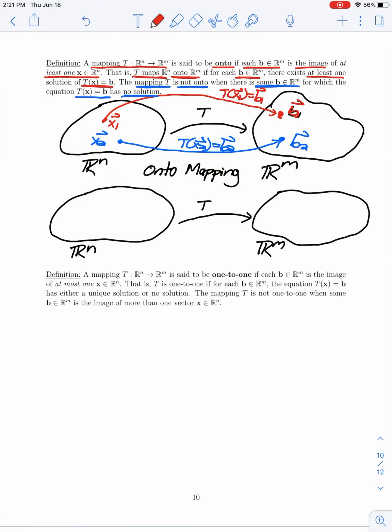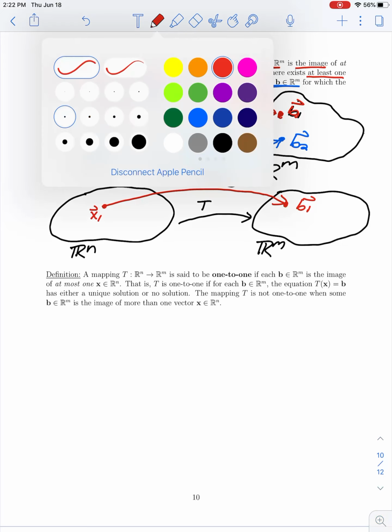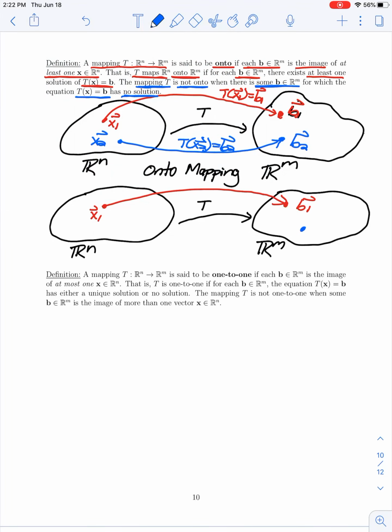Well, for some vectors, let's say b1 in Rm, there are solutions of the equation T of x is equal to that vector. So some vectors I will hit in the codomain, but let's say that I have this for two such vectors, so the image of x1 is b1, the image of x2 is b2, but let's say that I have some vector, maybe I'll call it b3, and there is no vector in the domain Rn which maps to b3.